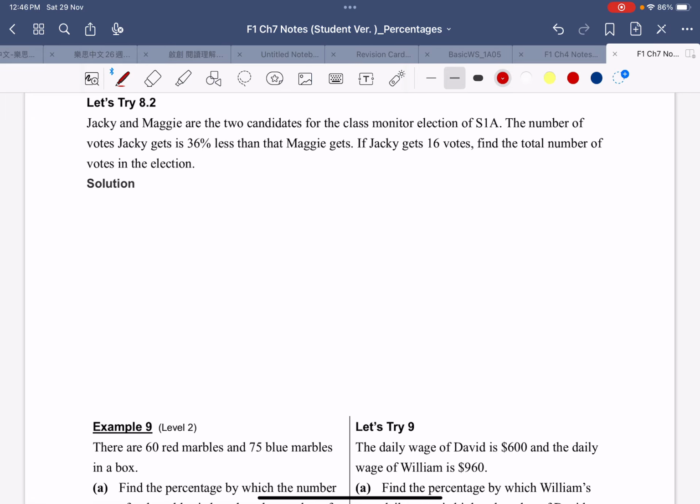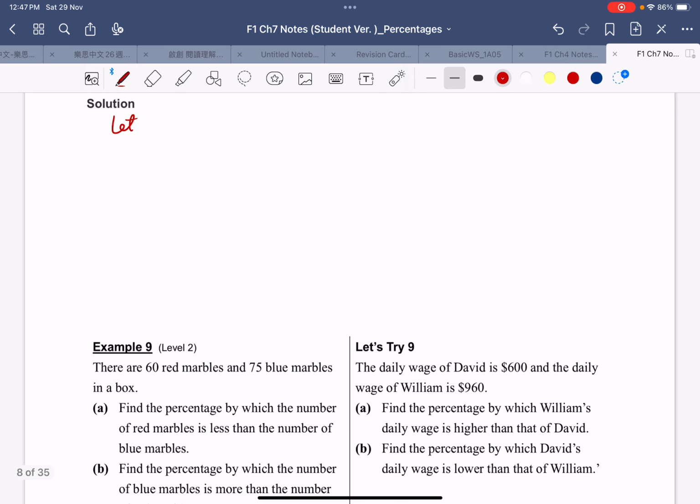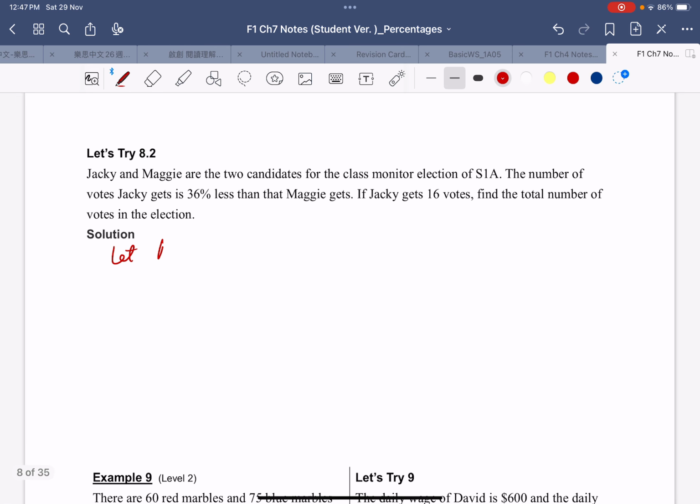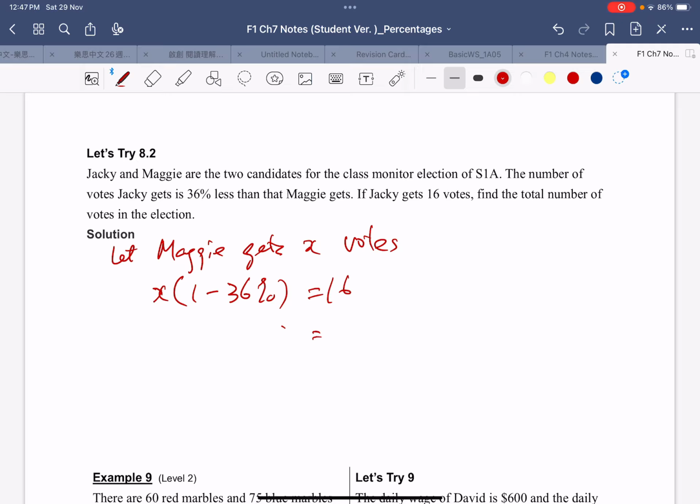So, one more question. And again, you pause it, you read it, and then just write down the solution. Let Maggie get X votes. X times 1 minus 36% equals 16. Again, by some method, you can just write down 25.